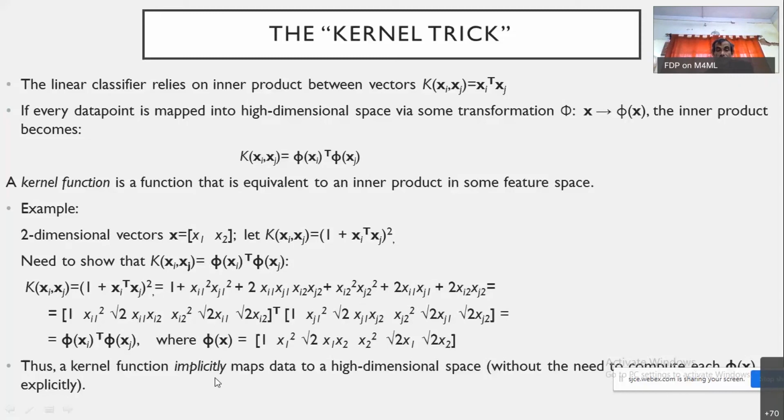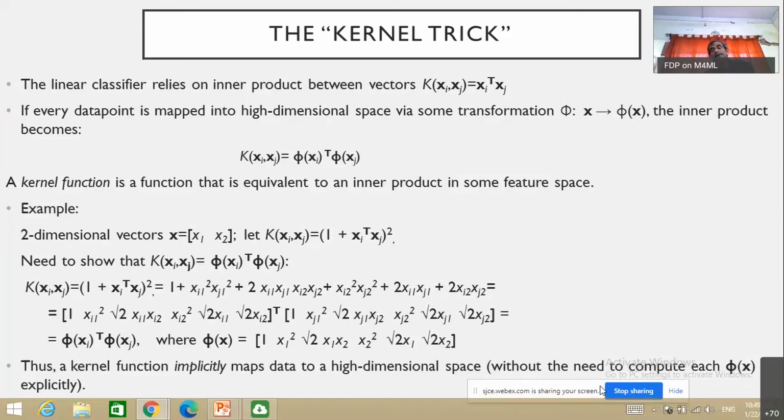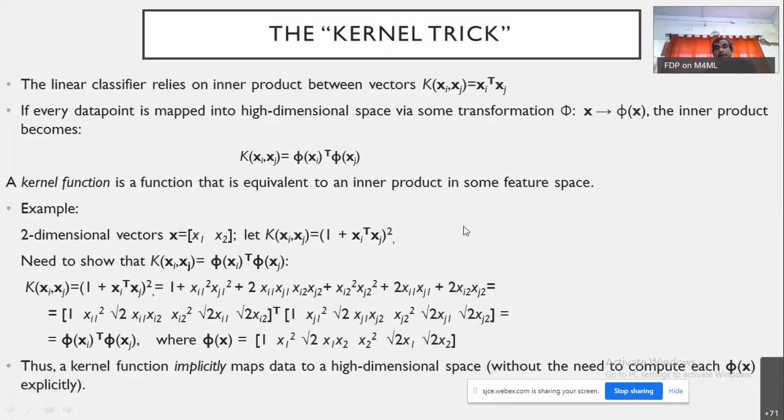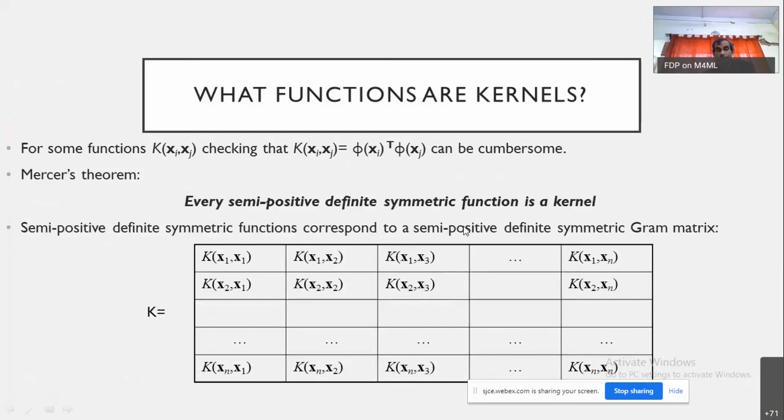So a kernel function implicitly maps data to a higher dimensional space without the need of computation of each phi(x). I don't need to find this. I use this kernel, so this product is automatically determined. If I can choose such functions, then my life would be very simple. I will have a nonlinear support vector machine and do the job.